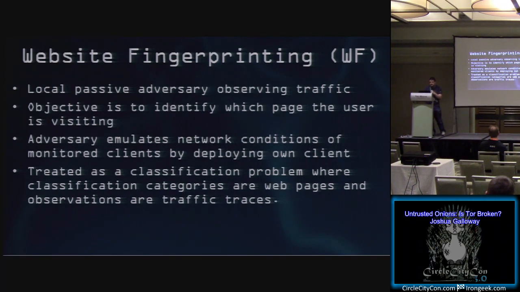Each page is fingerprinted by accessing it with a Tor browser bundle beforehand, and the pattern of the traffic is unique.